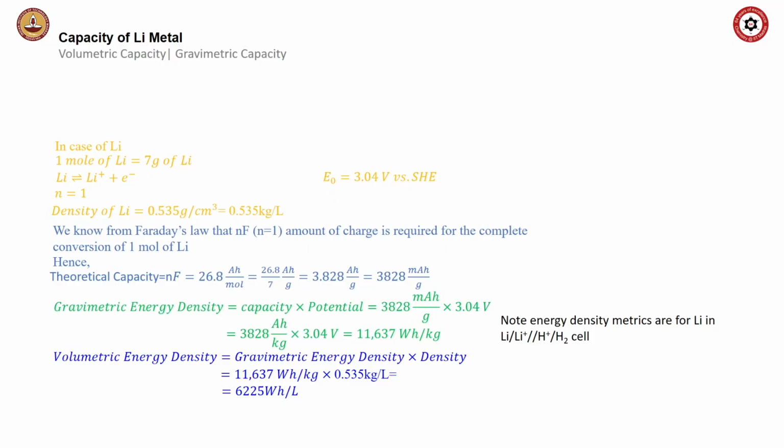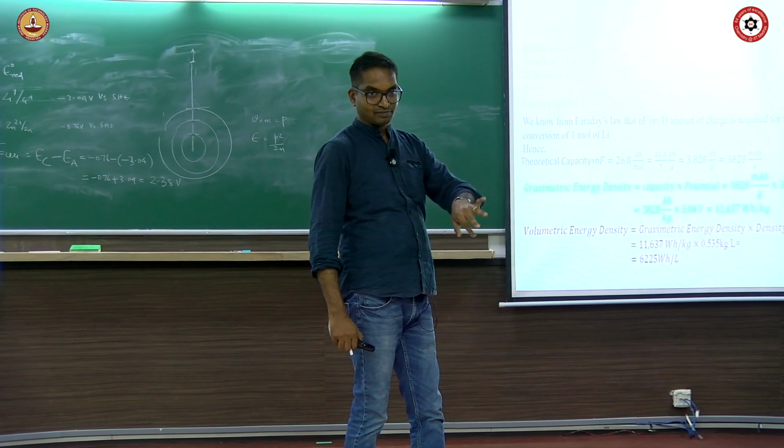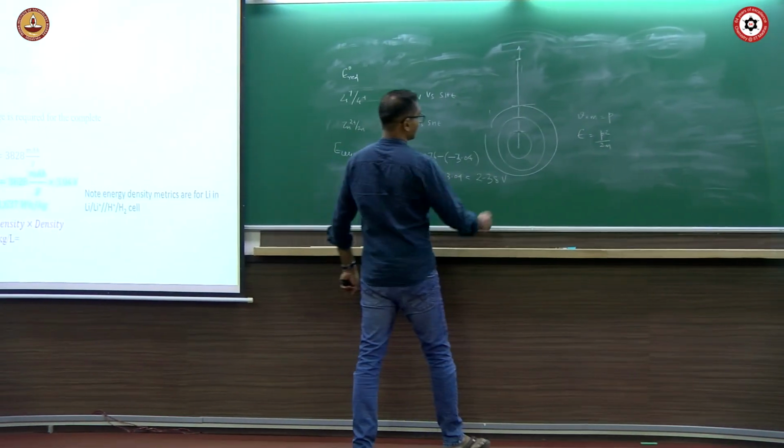Then if I want to do the same thing, but instead of lithium, H plus, H2, I want lithium, zinc 2 plus, zinc, then will the energy be the same or different? Why? Because the factor you multiply is now this value. So a lithium-zinc cell will give less energy per gram of lithium compared to a lithium-hydrogen cell.